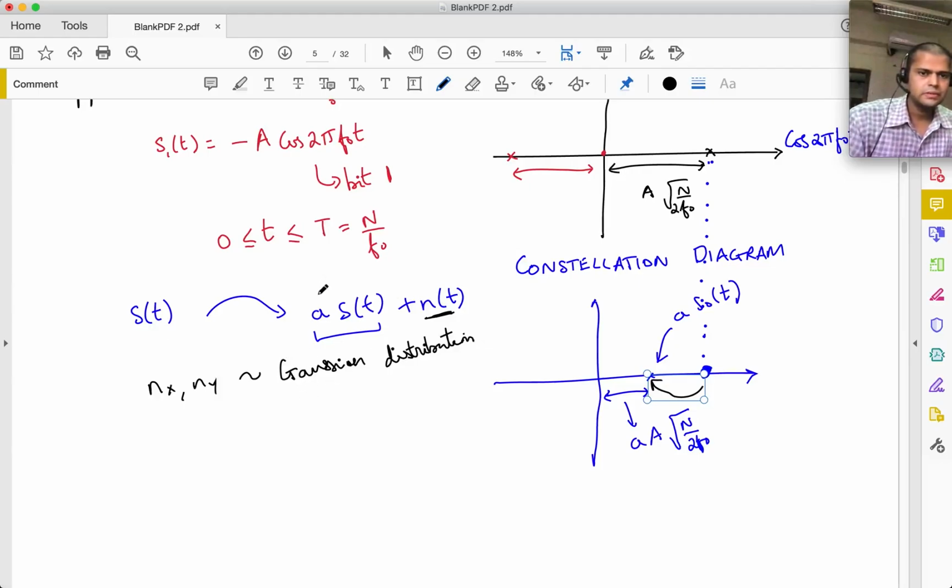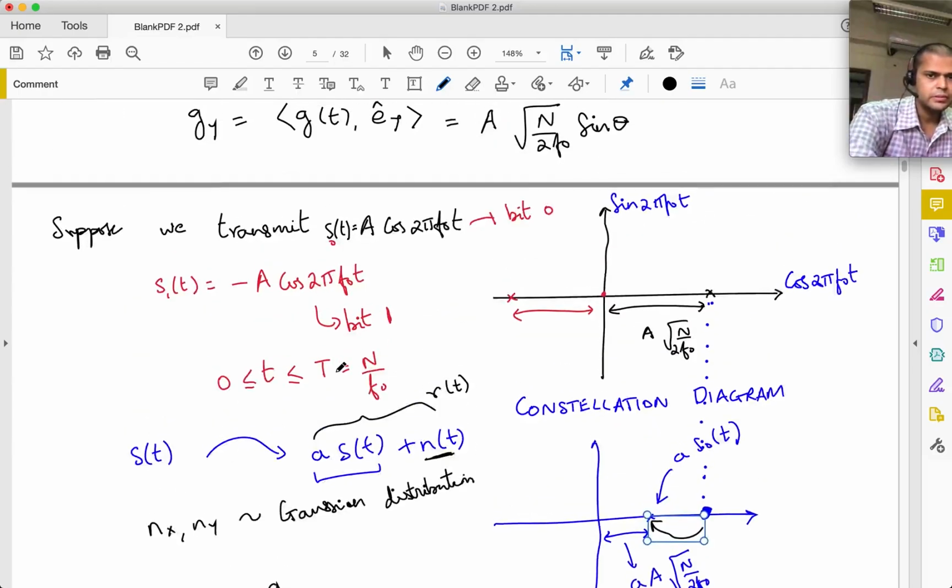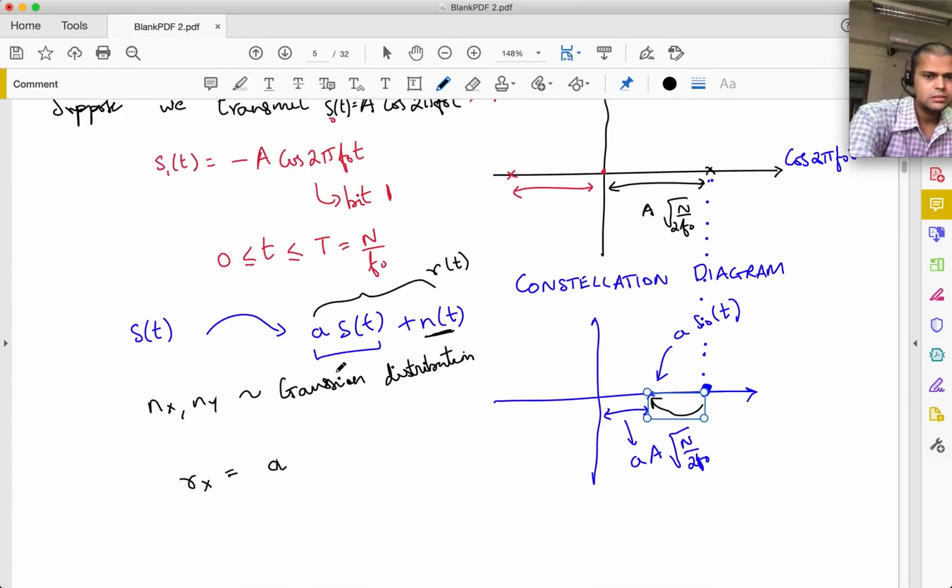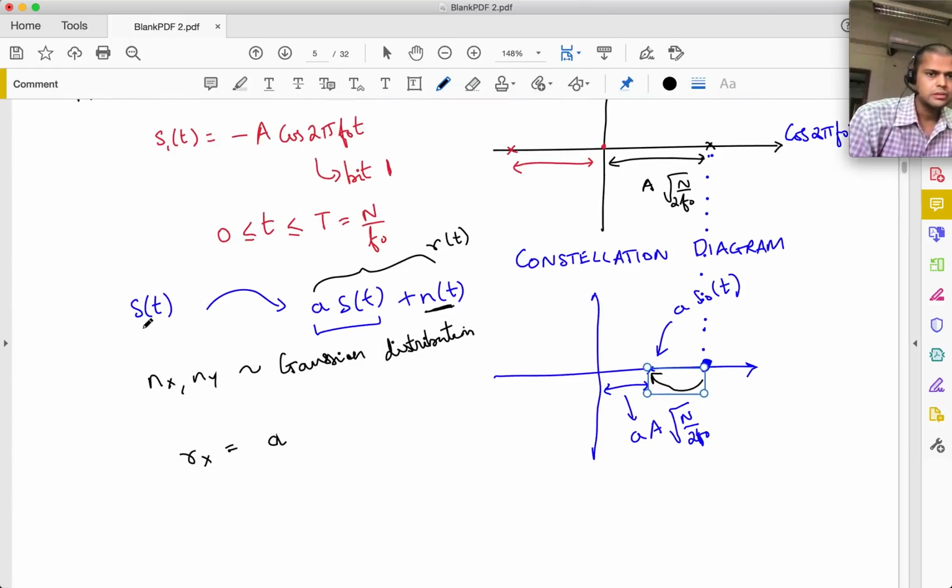We said that this is the received signal. Rx is just A and whatever was transmitted. Let's just call the constellation point here Sx, Sy. This is the constellation point that was sent.